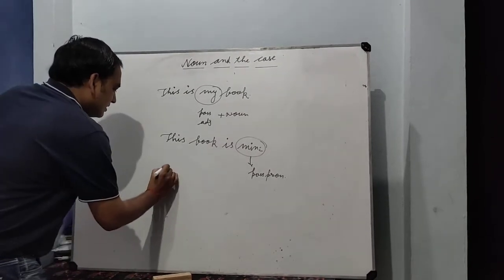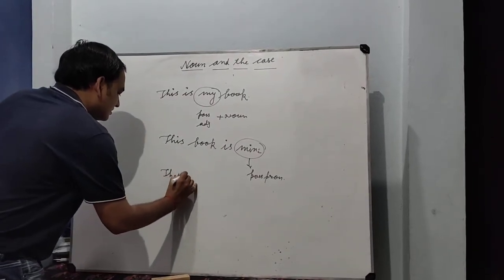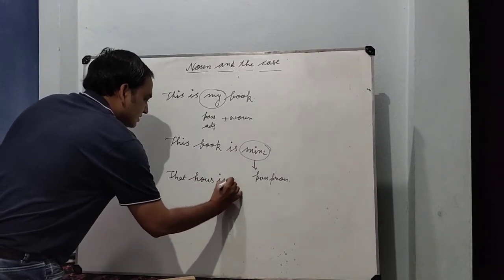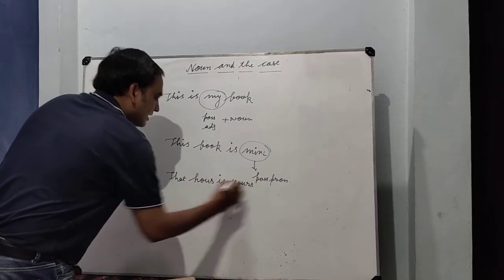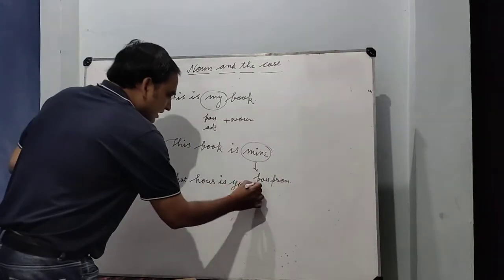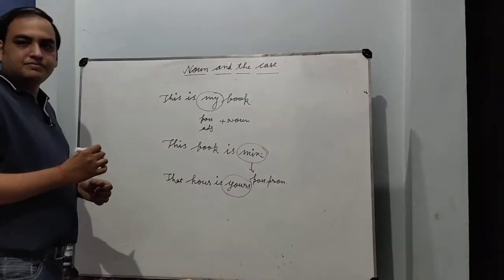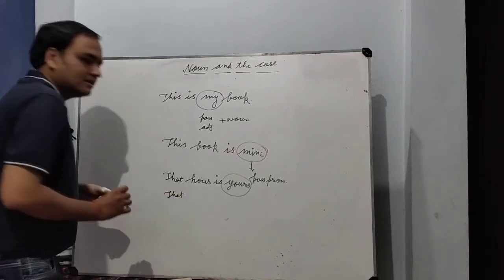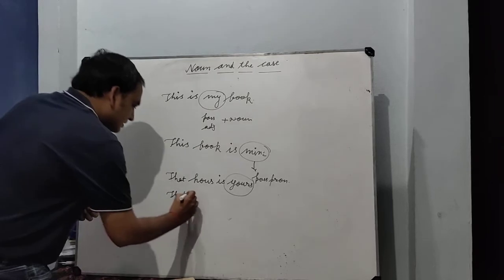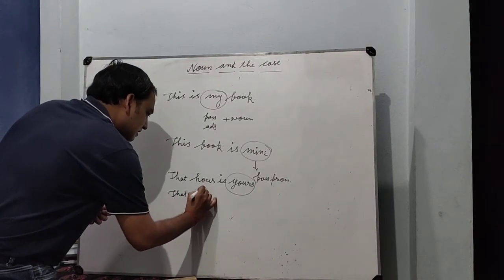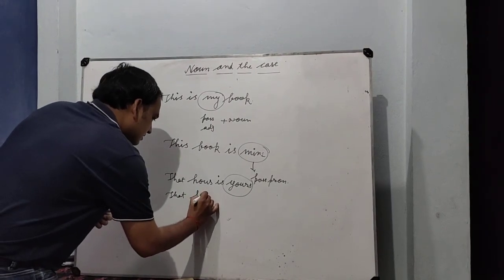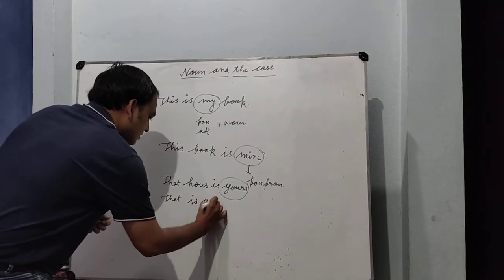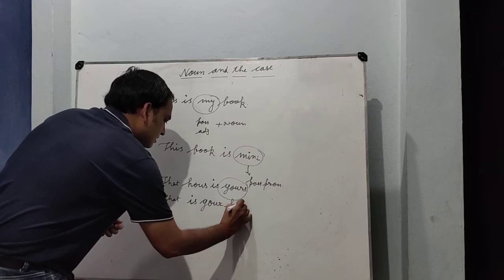Another example, that house is yours. So this is another example. You may see that this is a possessive pronoun. If we write this sentence by using possessive adjective, that is your house.